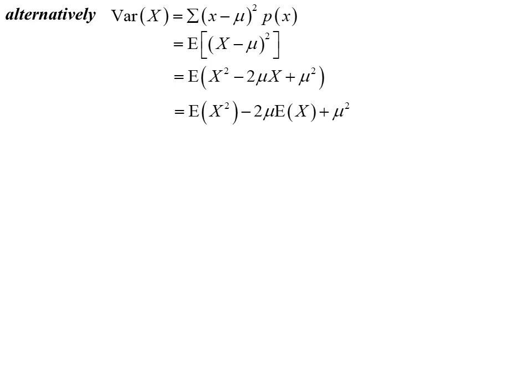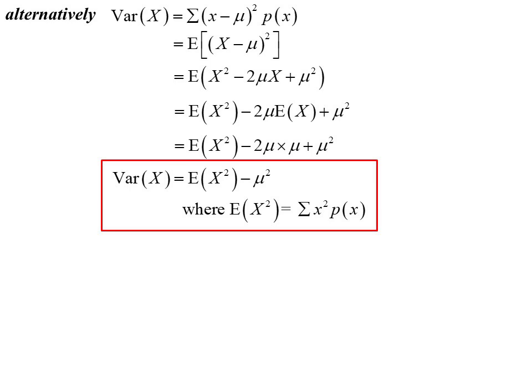And the last one is just a constant, mu squared. The expected value of that constant is the constant. But we also said the expected value of x is mu. So now I can make this minus 2 mu squared plus mu squared, giving us a much neater formula: the expected value of x squared minus the mean squared, or a better way of saying it, the expected value of x squared minus the square of the expected value of x.